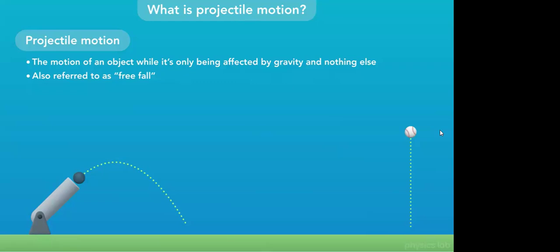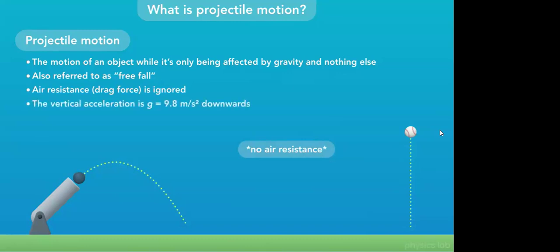If we say an object is in projectile motion, then air resistance, or the drag force, is ignored. Basically, air resistance makes the calculations a lot more complicated, and we can still predict the motion pretty accurately by ignoring air resistance. Finally, in projectile motion, the vertical acceleration of the object is 9.8 meters per second squared downwards, represented with the constant lowercase g.